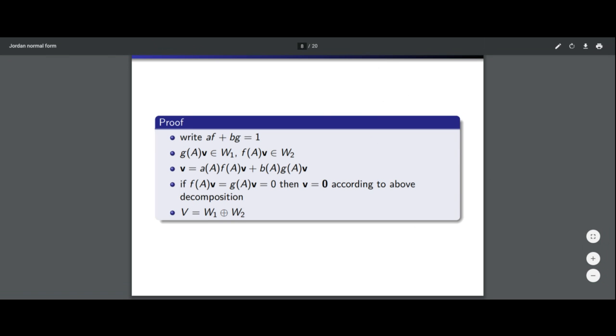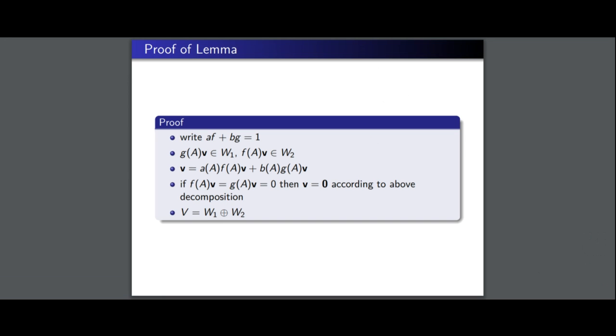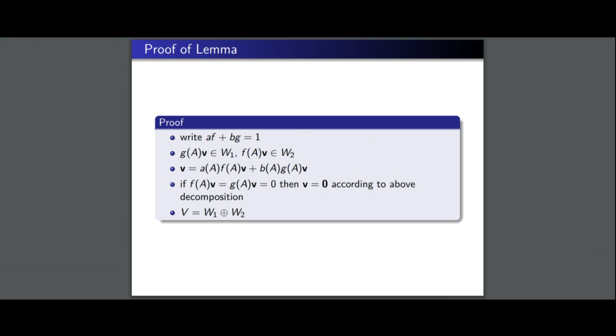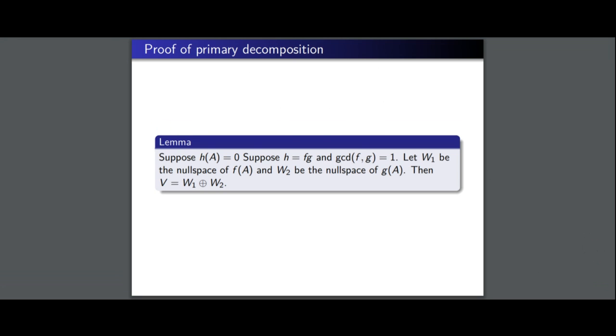Okay. Let's keep going. So what we're trying to do is apply this lemma, which says if you plug in either a matrix or a linear transformation into a polynomial and you get 0, and you can factor that polynomial somehow, then that gives you a decomposition of V into T-invariant subspaces.